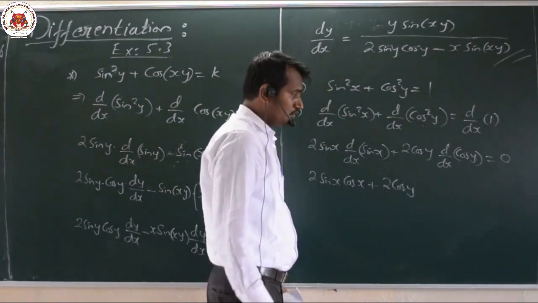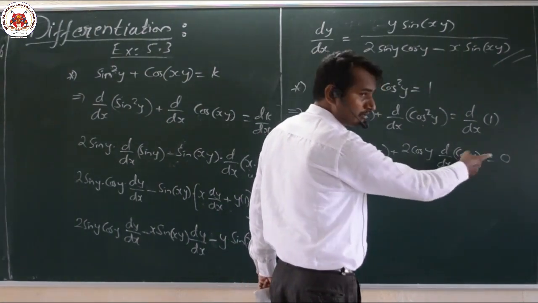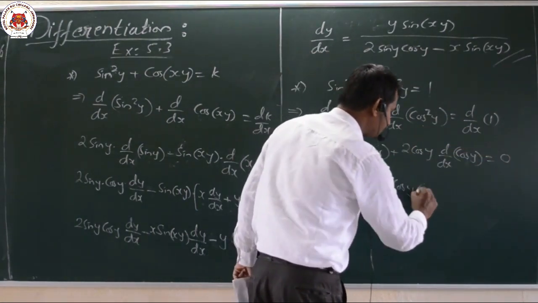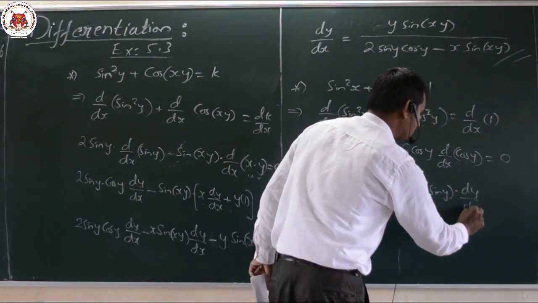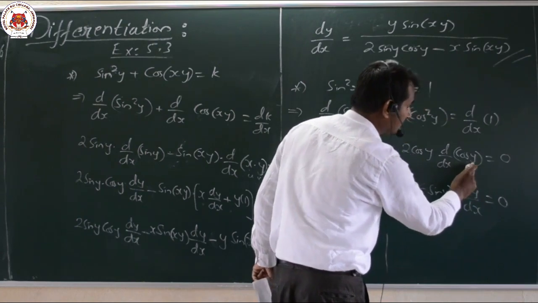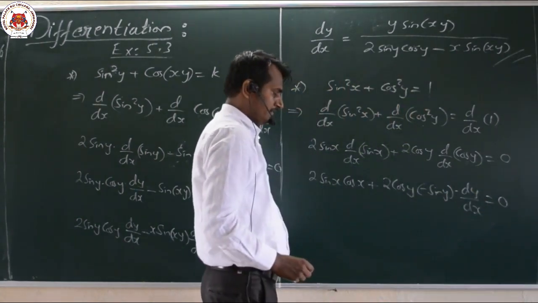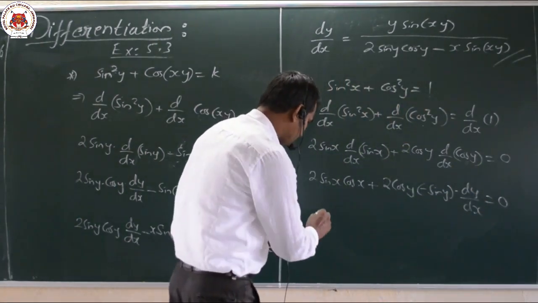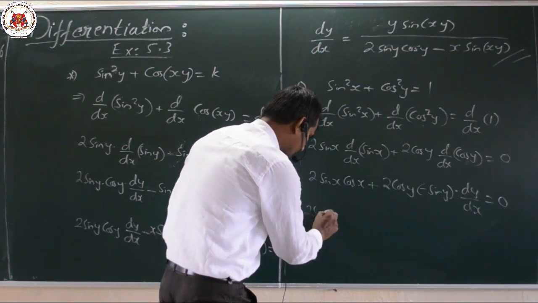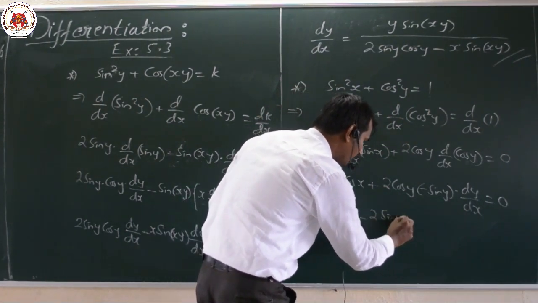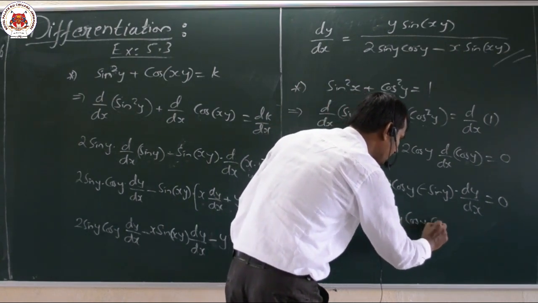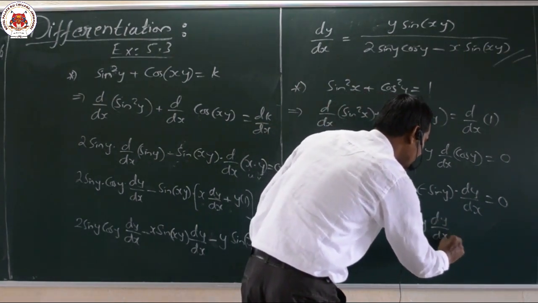Cos y differentiation will be minus sine y into further differentiation of y, that is dy by dx. Just I will rewrite here: 2 sine x into cos x minus 2 sine y into cos y into dy by dx equal to 0.